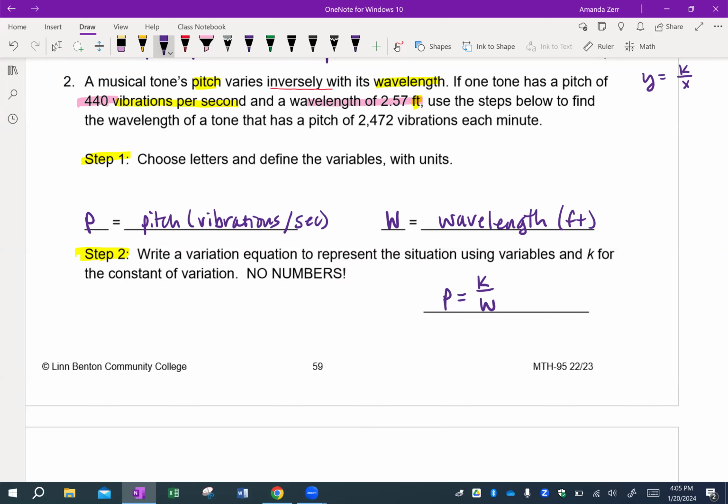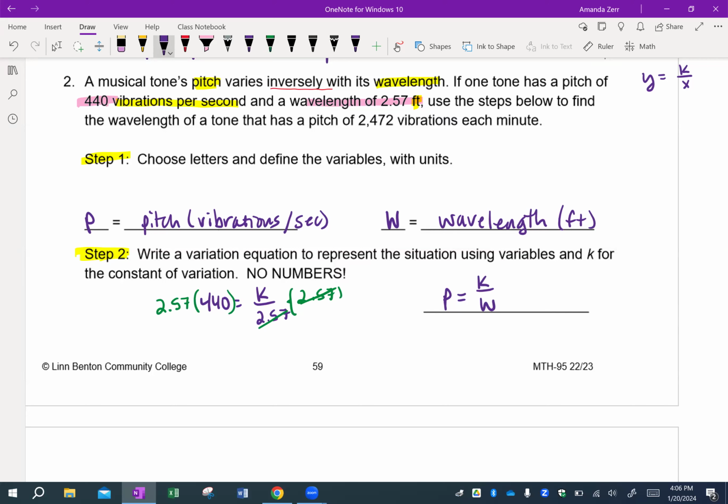So we'll have the pitch is 440 is equal to k divided by a wavelength of 2.57 feet. Okay, we have this problem with our 2.57 down in the denominator. The opposite of dividing by 2.57 is to multiply. Those are going to cancel, but I need to do that to both sides. So we'll multiply both sides by 2.57.